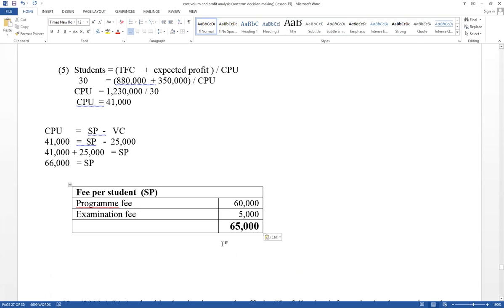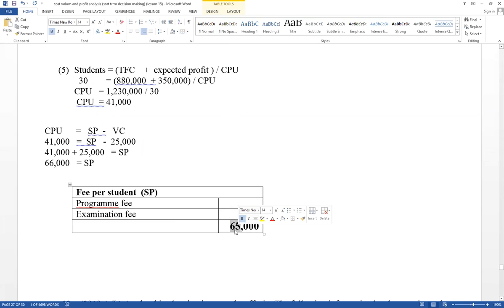Now think about the answer. There's the program fee. Now not 60. Now the selling price equals 66. Therefore, this one should be 66. And examination fees do not change. Therefore, the program fee should be equal to this one minus this one, 61,000. Therefore, this is the answer. The new program fee.